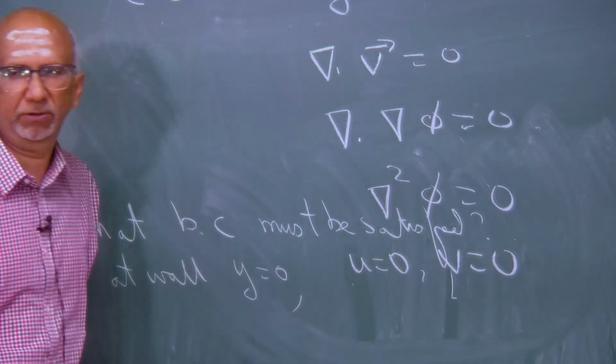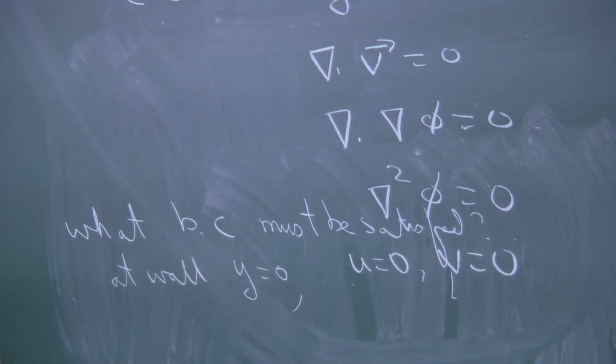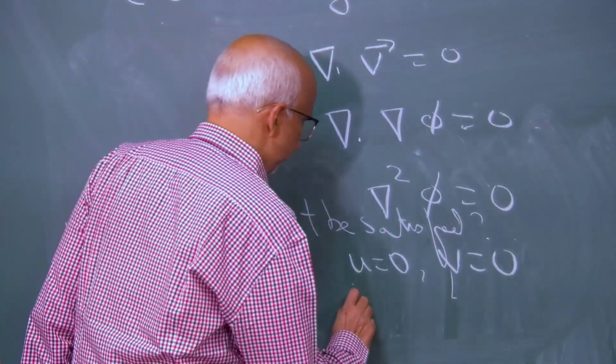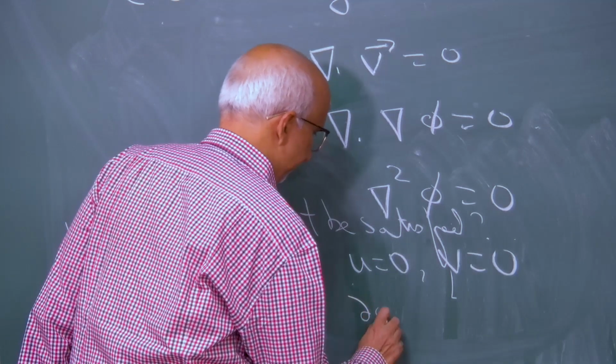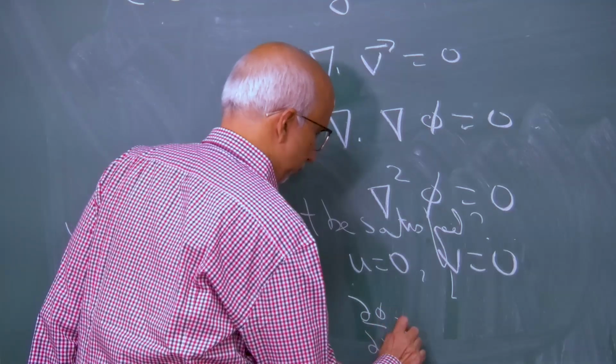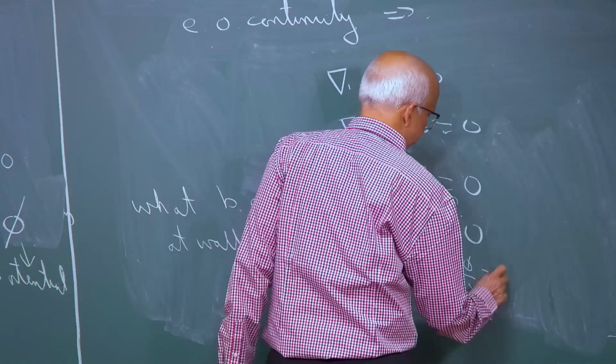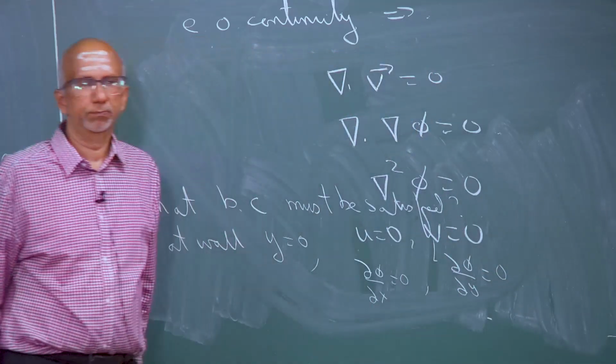One is the no slip boundary condition, and the other is the no penetration boundary condition. So this implies u is d phi by dx equal to 0, and d phi by dy equal to 0. Correct?